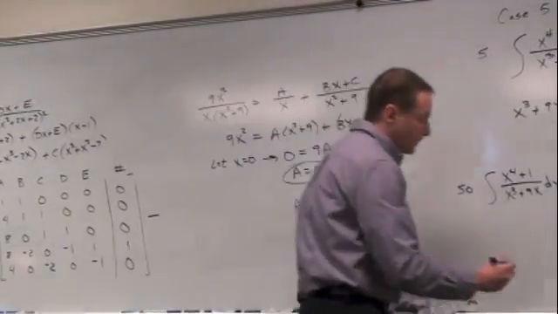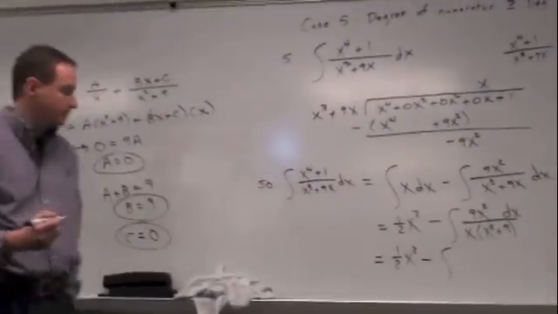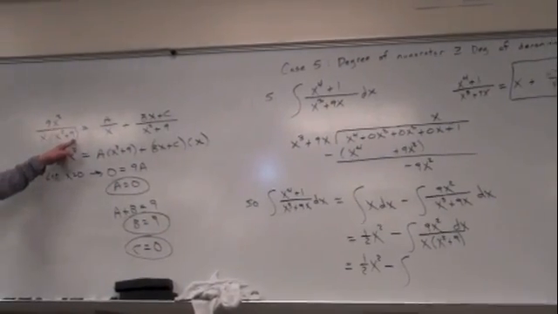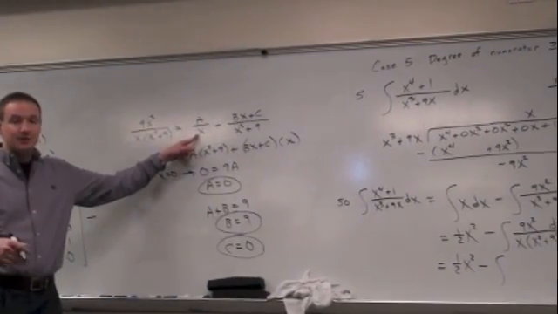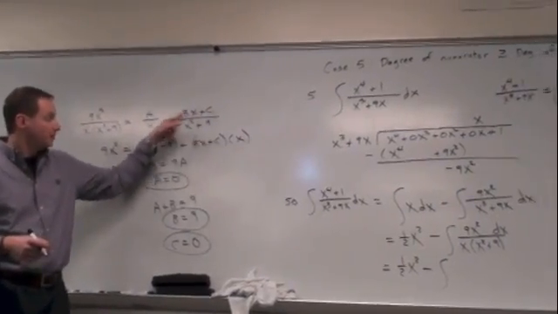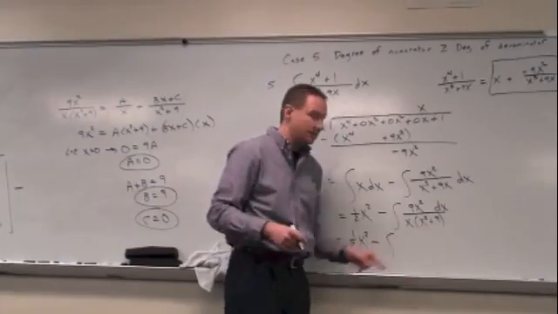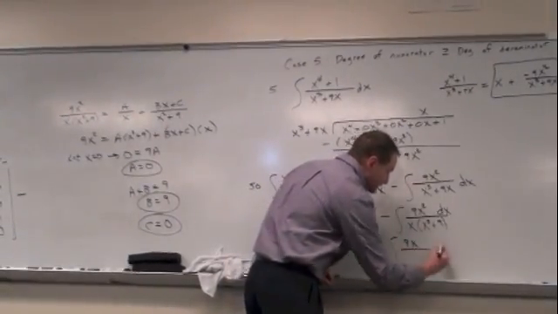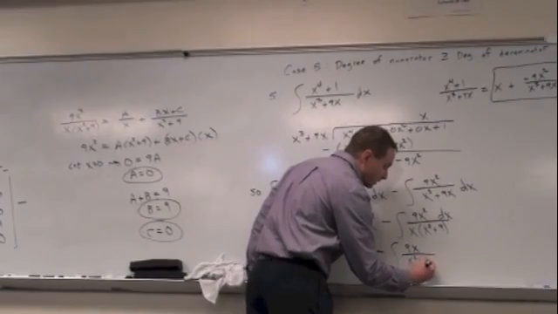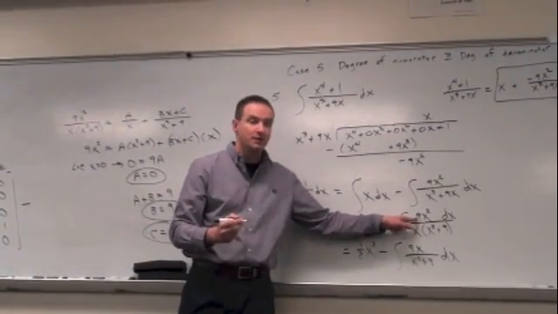So I'll say, okay, this is equal to 1/2 x squared minus the integral of 9x squared over this simplified down: 0 over x, that's just 0, so don't have to worry about that one, plus Bx plus C, 9x plus 0. The only thing I'm getting out of all of this is just 9x over x squared plus 9. So this is an equivalent expression to what I have there.